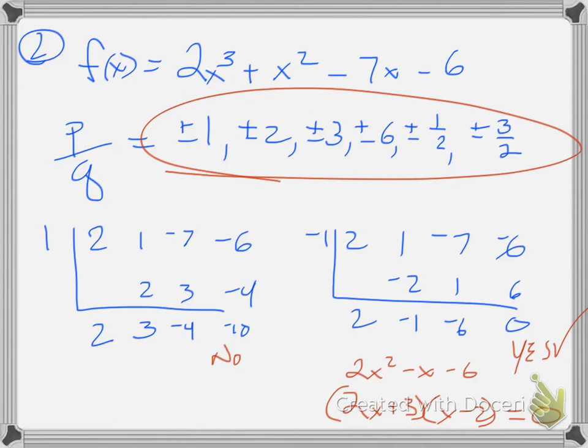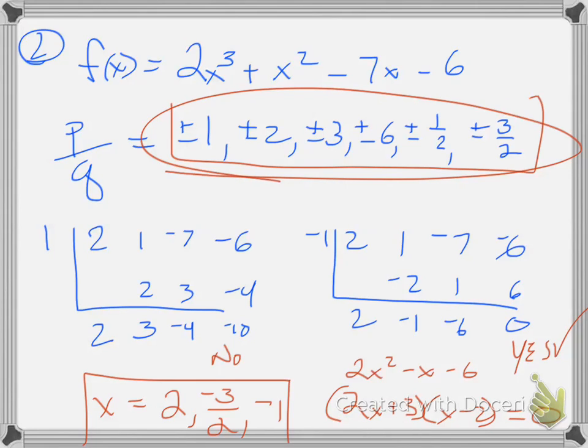And when you solve that, you have x is equal to 2, x is equal to -3 over 2, and the -1 that you originally got. Those are the roots of the polynomial. And notice all of these are in this list. They're all rational roots.